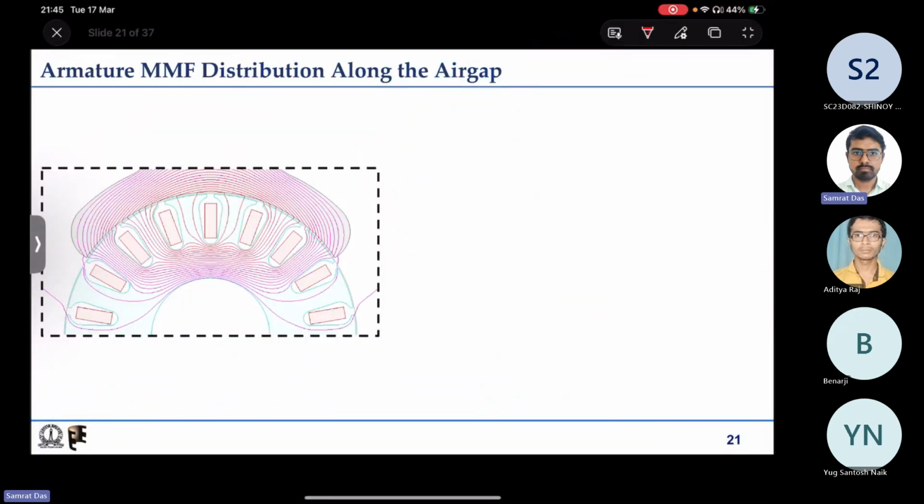whatever we saw earlier. So in this case, if we consider this to be 0 degree and this to be 180 degree, what is the tooth pitch here? 1 2 3 4 5 6 7 8 9. So in total we have 9.